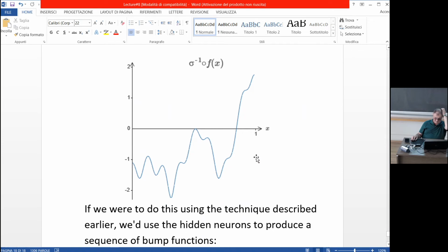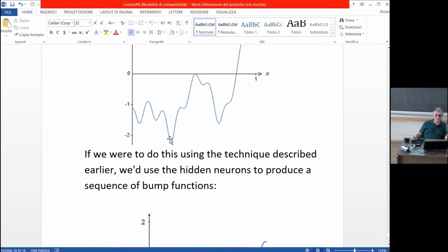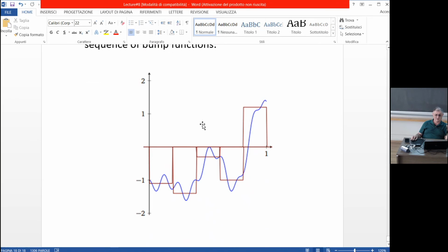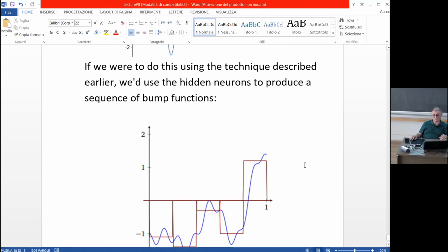So we take sigma minus 1 of our function, and using the technique described before, we can use the hidden neurons to produce a sequence of jump functions, and we can approximate our function by a series of rectangles.